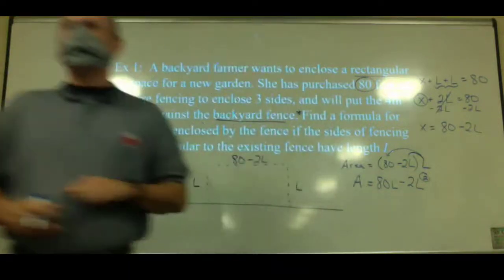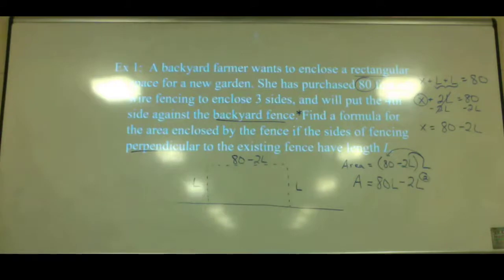And since they asked us to find the formula, we're done at that point. That's the formula. If we find out what L is, we can figure out what the area is. So if we know L is 10, we just plug it in, put it on our calculators, and we figure out what the area is. If we know L is 20, we can figure that out as well.